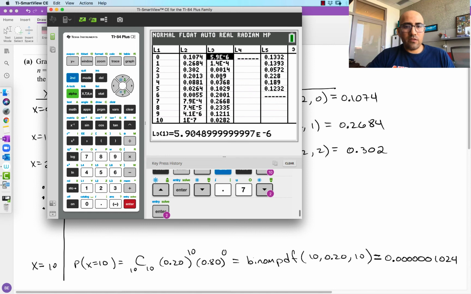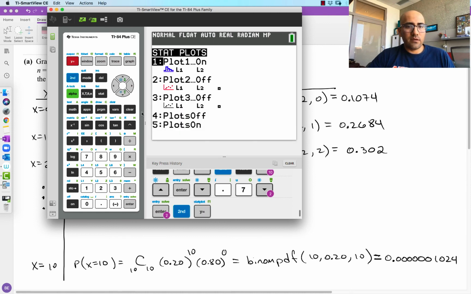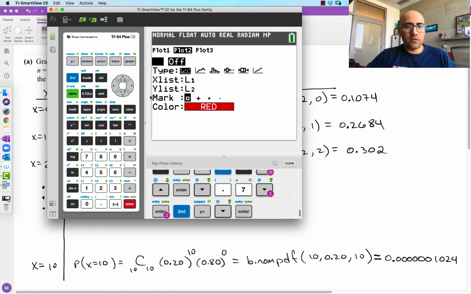So these are now the reported probabilities when P equals 0.7. Good, 0.7. Okay, so now let's graph this one. So let's go back to stat plot and let's go into plot 2. Let's turn it on. We'll leave it in red.